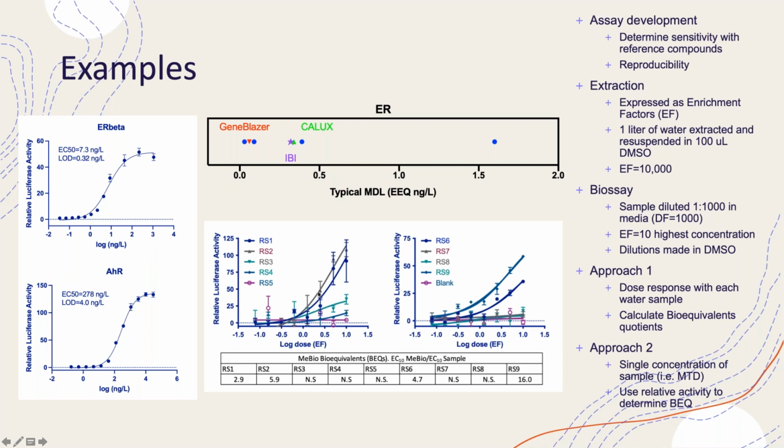So what we're looking at is how much activity in the sample is expressed relative to dioxin. And so we end up getting what are called bioequivalent factors. We are determining how much activity we get relative to the reference compound.